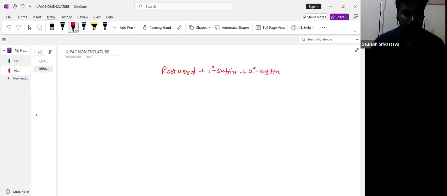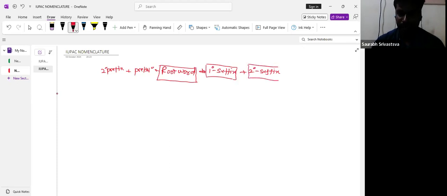On the right-hand side these come, and from the left-hand side it starts with the primary prefix, and the next one is the secondary prefix. The root word is the most important and main thing.